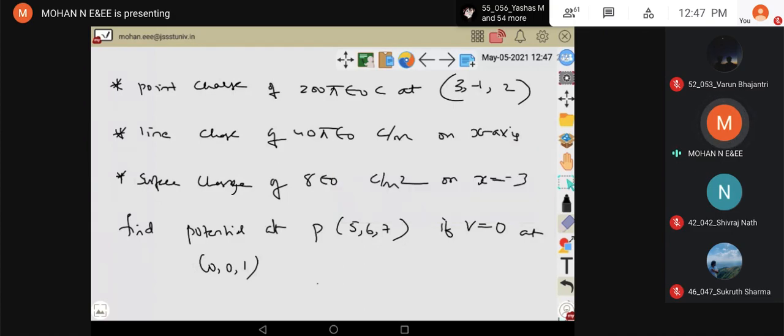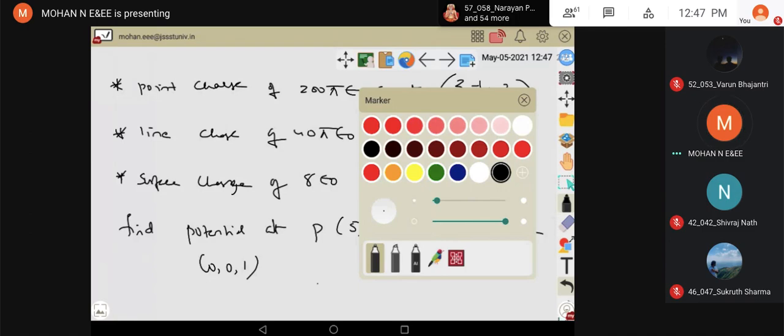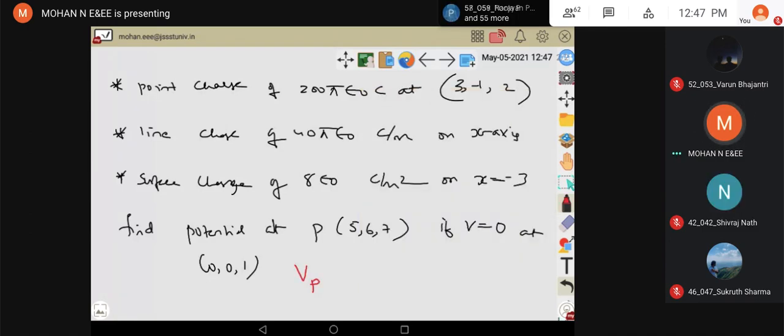So you are supposed to find potential at P. That means what are you going to calculate here? You are supposed to find Vp due to the point charge, Vp due to the infinite line charge, and Vp due to the infinite sheet of charge.